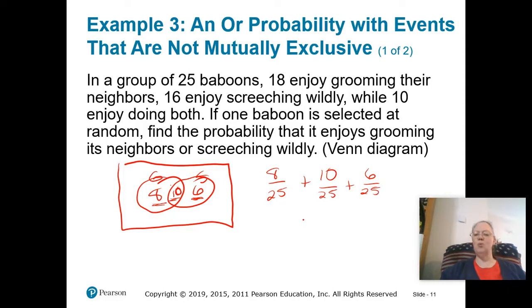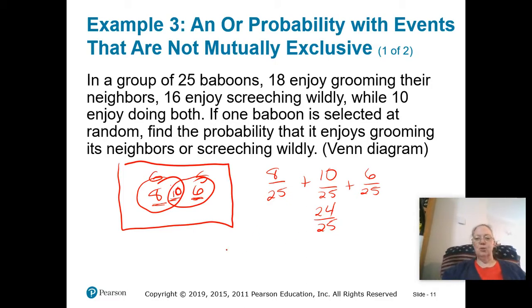Okay, so this is one way of doing this. I think this way is a little bit easier. 18, so we have 24 out of 25 that enjoy grooming or screeching. So the probability is 24 out of 25.